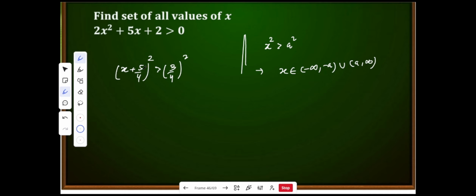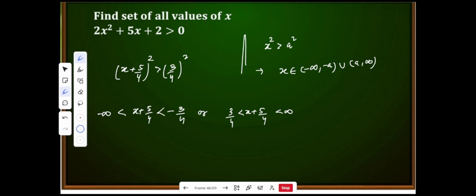So from this we can say that x plus 5 by 4 is greater than minus infinity and less than minus 3 by 4, or x plus 5 by 4 is greater than 3 by 4 and less than infinity.